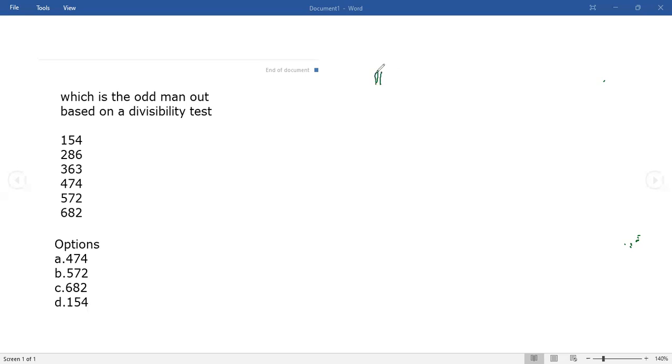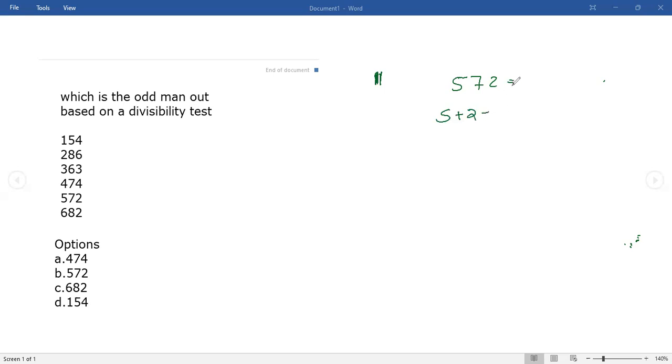For 11, if you are adding this sum, for example 572. If you're taking 572, just add the first digit and last digit, 5 plus 2.